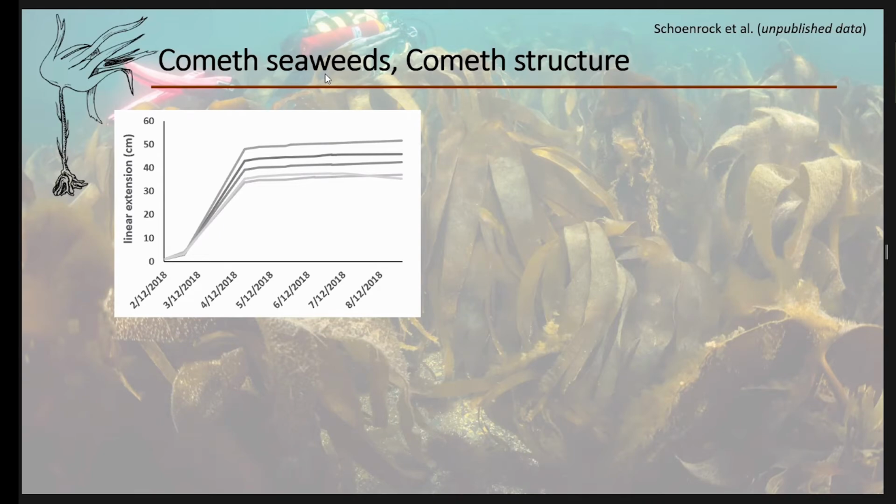But this dominant is actually more of a winter grower, and it also reproduces in the winter. So it starts reproduction, and then it starts growing a new blade in January. And this blade has peak growth from February to March, where it can grow up to a centimeter a day. That's pretty fast, not as much as the giant kelp, which can grow a meter a day, but I think it's pretty fast for how big these individuals are.